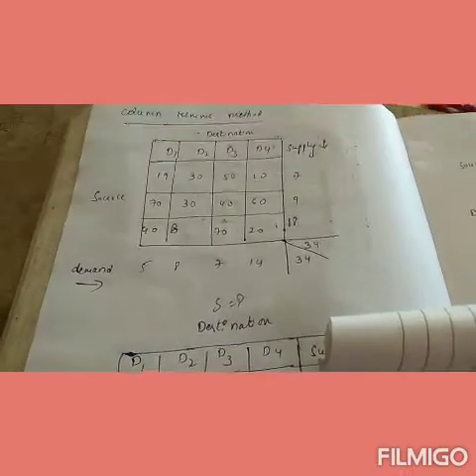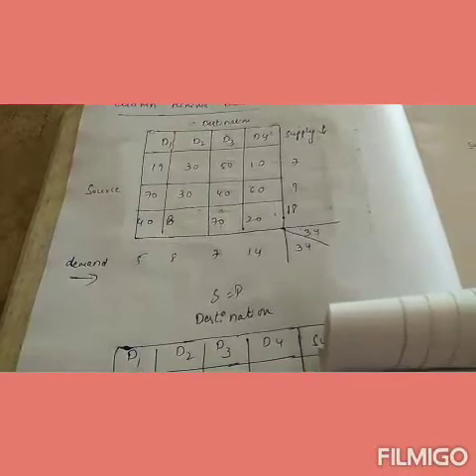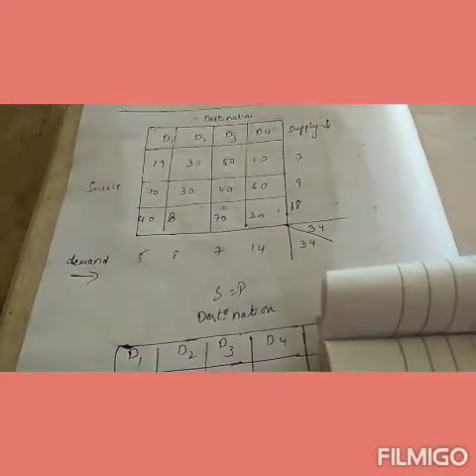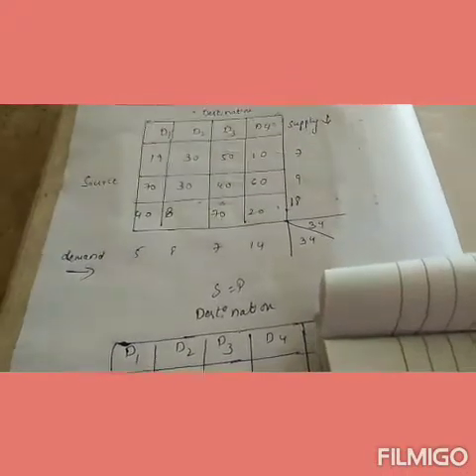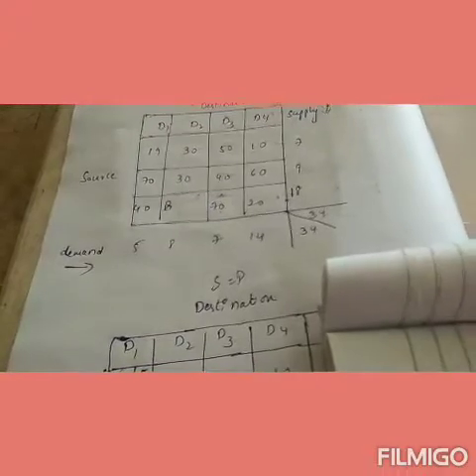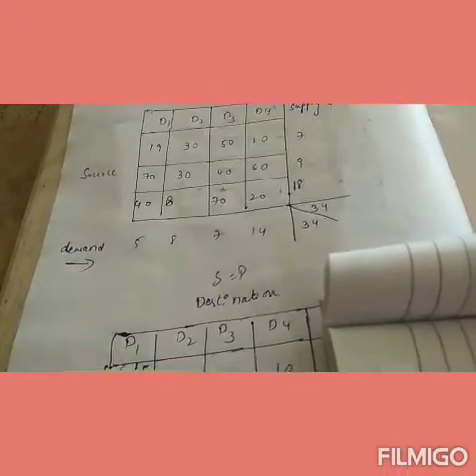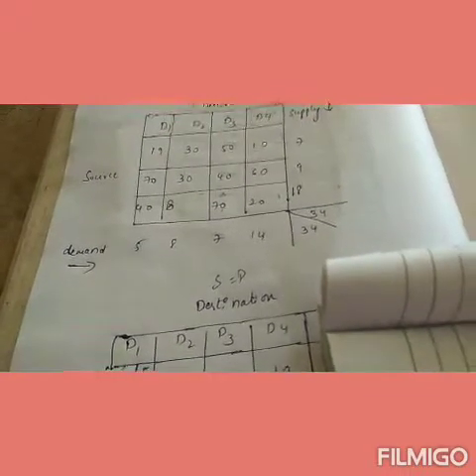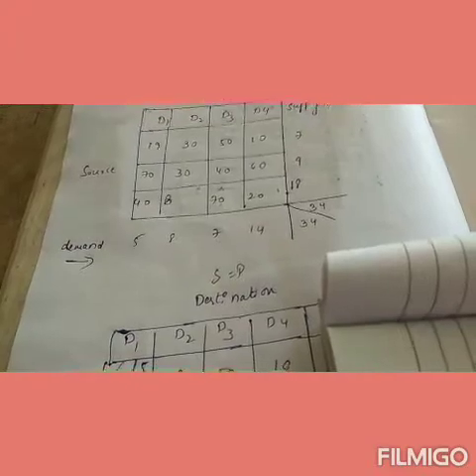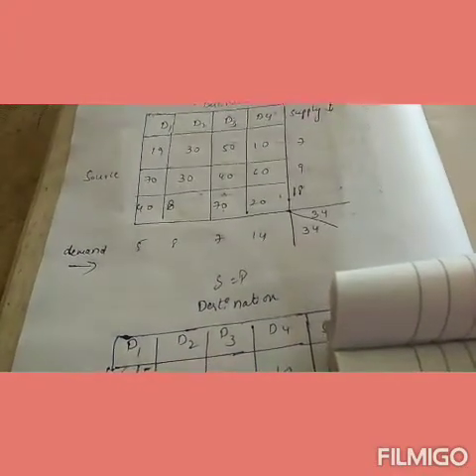Our destinations are D1, D2, D3 and D4, and next the sources with costs 19, 30, 50, 10, 70, 30, 40, 60, 40, 70, 20. So those are our destinations.